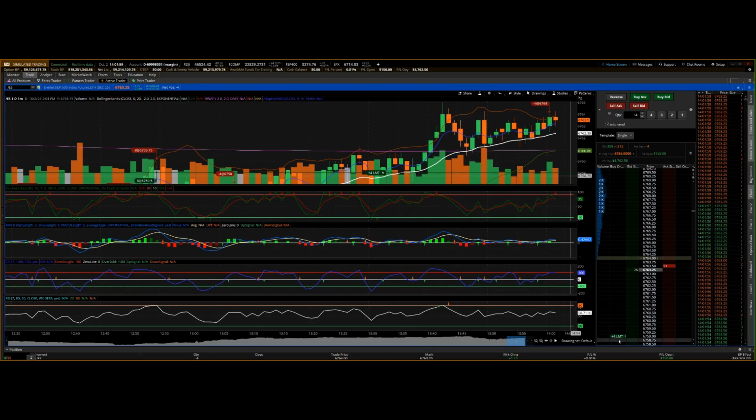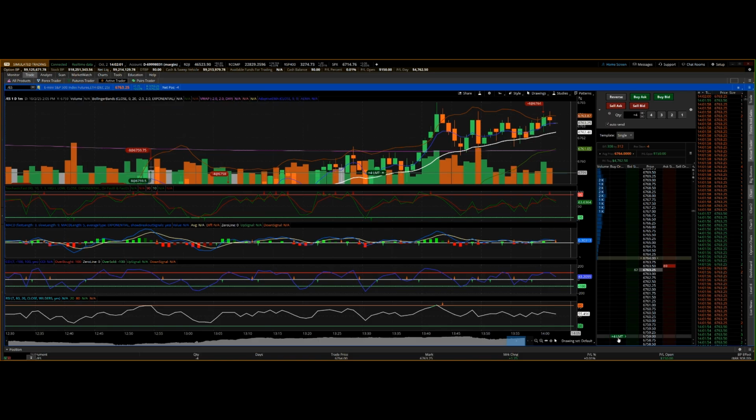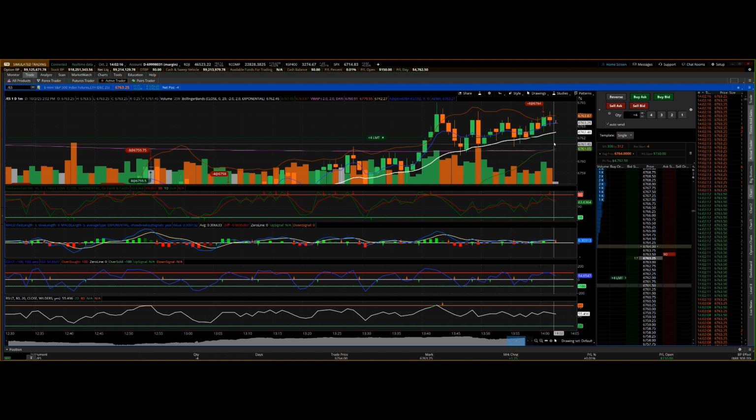Now we're going to move this up, because I don't think that's a realistic price, and maybe bring it up a little bit higher than the lower Bollinger Band. That's more realistic, although at this price point the buyers are stepping up.